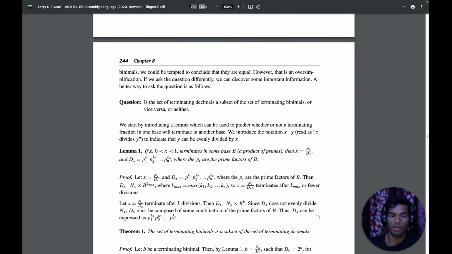Lemma 1. If x, where x is between 0 and 1, terminates in some base b, a product of primes, then x equals numerator nx over denominator dx, and dx equals a product of pi to the power ki, where the pi are the prime factors of b.